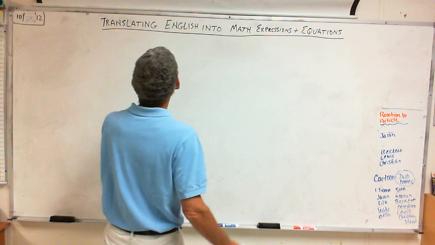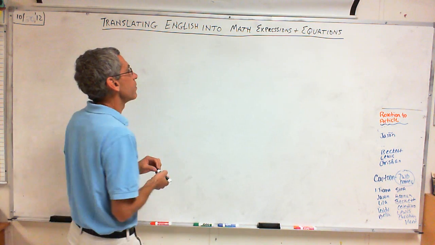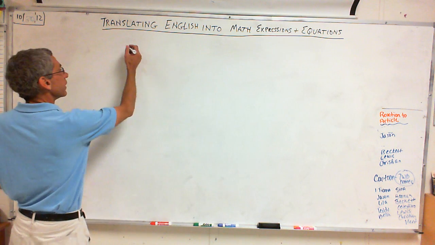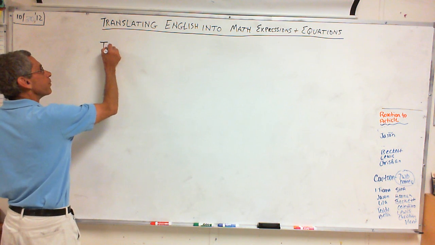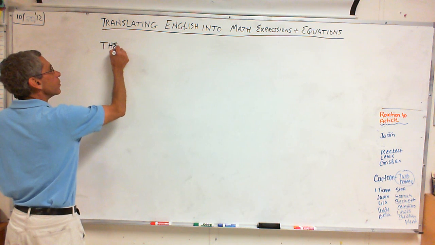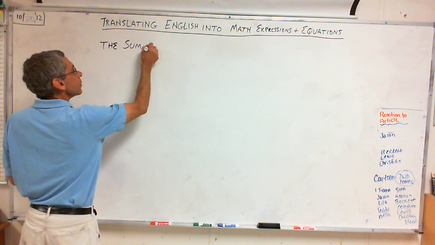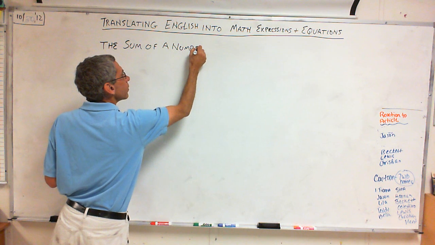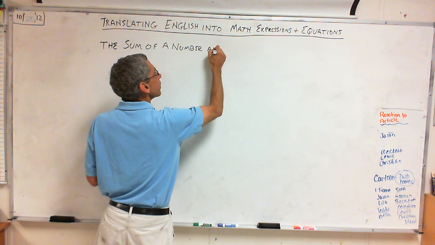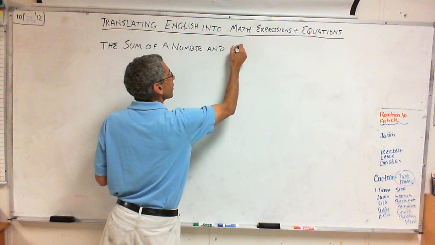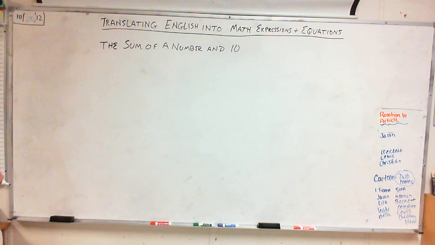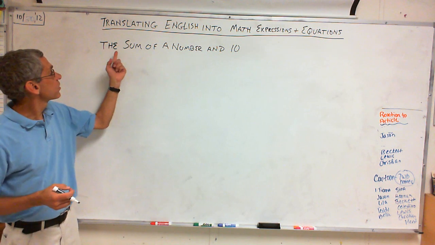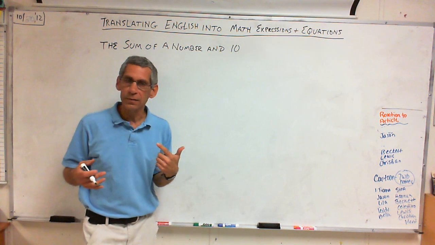We'll talk about that. All right, translating English into math expressions and equations. So if you have something like this: the sum of a number and 10. You read it from left to right. It says the sum of. What does sum mean again, Hunter?